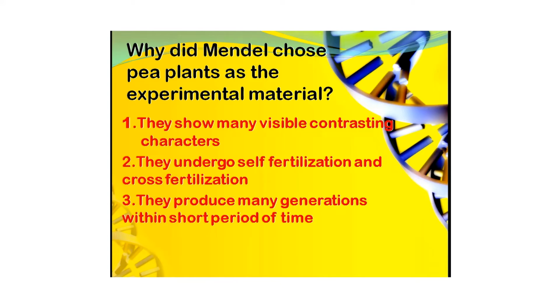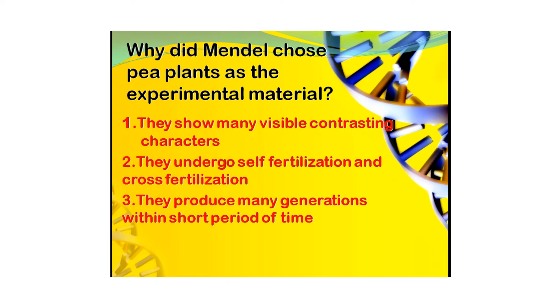And you see, plants, we all know, produce offsprings within a very short period of time. That is one of the advantages that Mendel had when he was selecting pea plants as the experimental material, like they were producing many generations within a short period of time. But imagine if Mendel would have conducted his experiment on an animal. Mostly animals take a long time to reproduce.